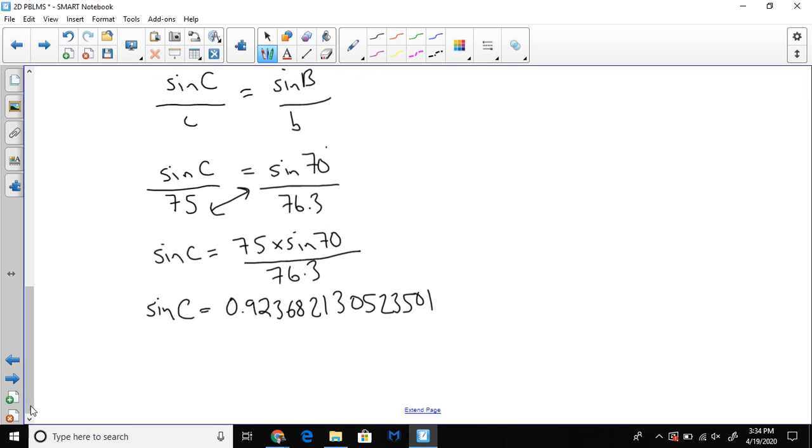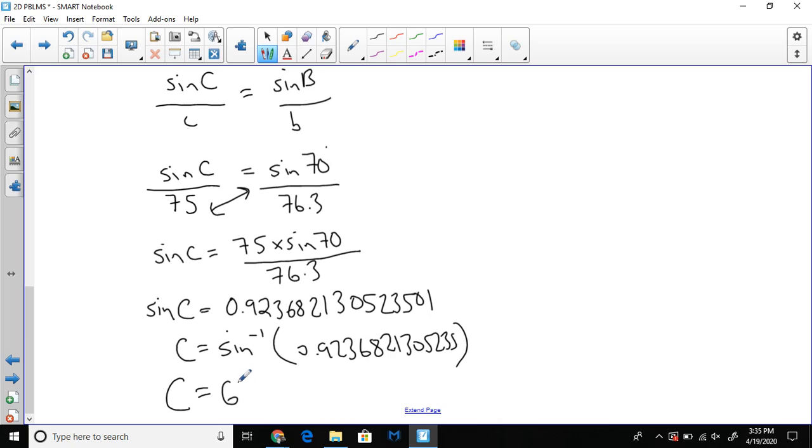And then to get angle C, I do sine inverse of this whole thing. And we will get an angle of approximately 67.